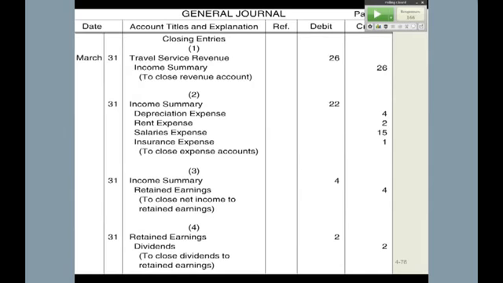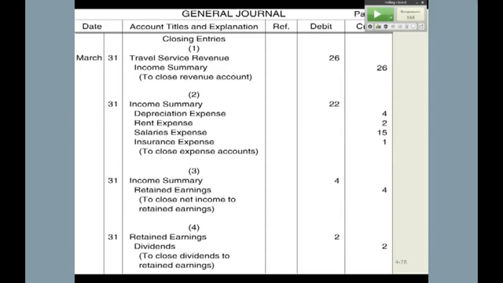All right, so the first entry would come directly off the worksheet. So closing entry number 1 would debit the travel service revenue, or the service revenue, and credit the income summary for 26. We then take the expenses, and in order to close out the expenses, these are credited. So we debit income summary for the total, and we credit depreciation expense to make that account 0.